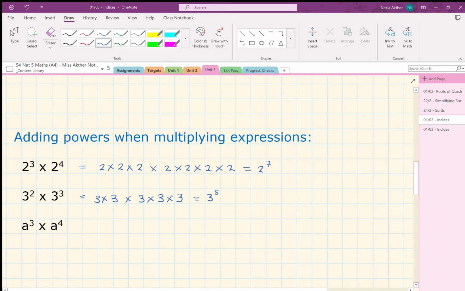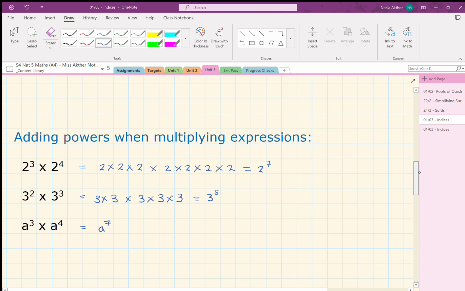And the last one, because we know the rule of when multiplying expressions, we just add the powers together. So instead of doing this middle step, I know that a cubed times a to the power of 4 will be equal to a to the power of 7. So we're adding the indices together when we're multiplying the expression.